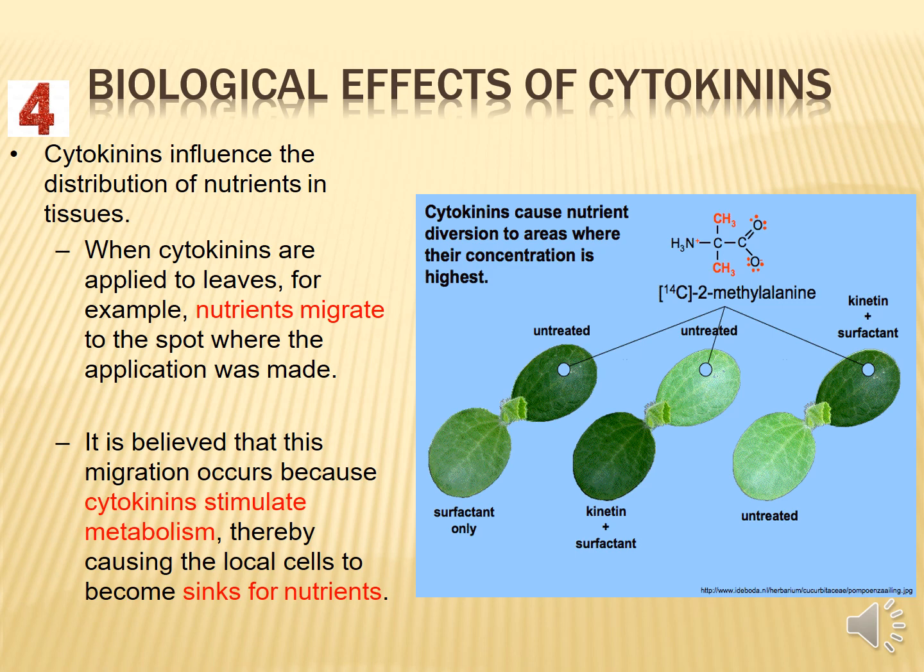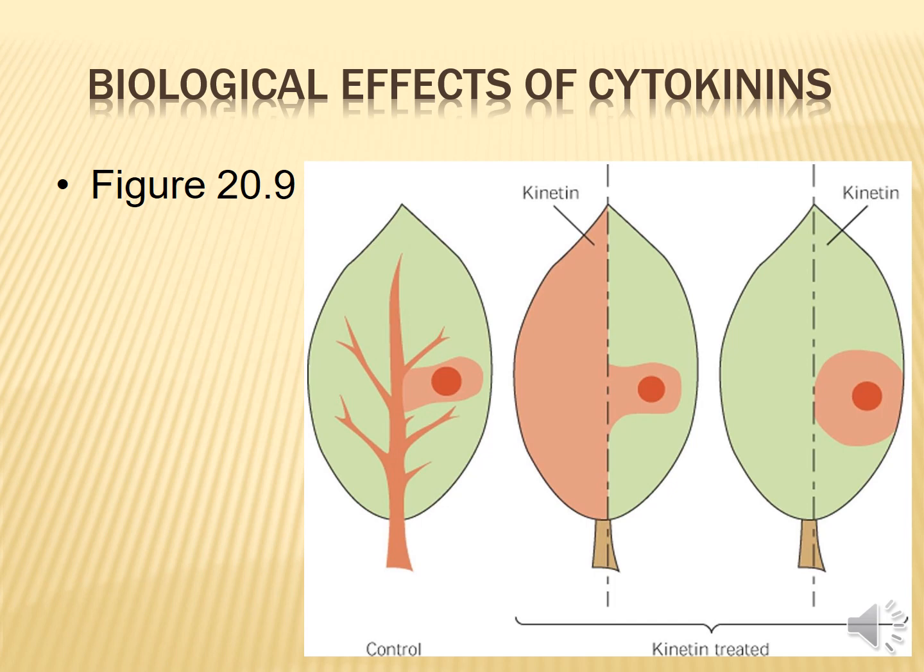Why this migration of nutrients occurs is believed to be because cytokinin stimulates metabolism, and because of that the local cells become a sink for nutrients. A sink means a destination for the nutrients from other cells of the plant. This is the example of the distribution of nutrients.